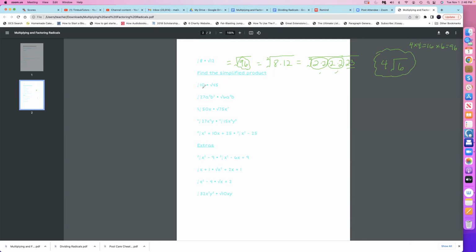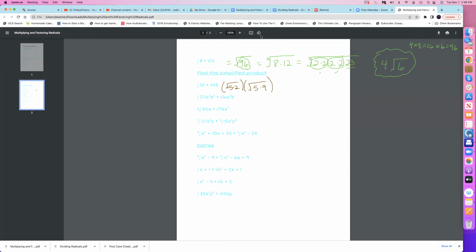You can also simplify before you multiply, and you get the same answer. Square root of 10 is the same thing as the square root of 5 times 2. Square root of 45 is the same thing as 5 times 9.